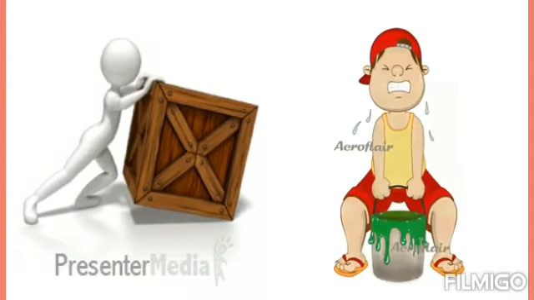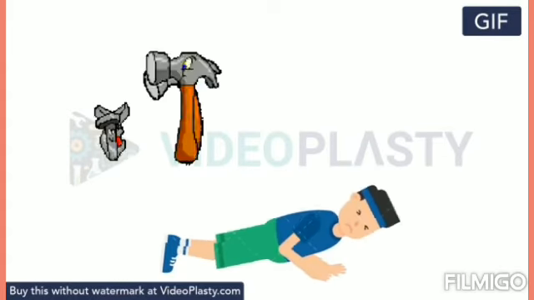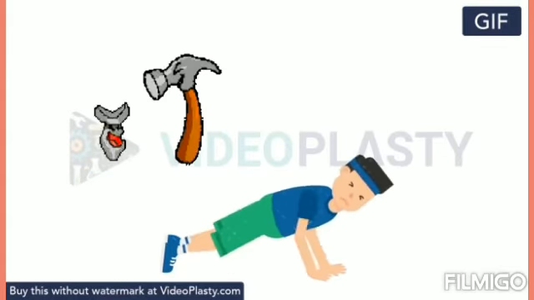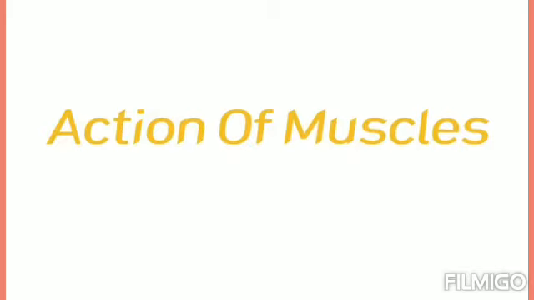But where does this force come from? This force is required to push a box, to lift a bucket, to hit a nail with a hammer, or to do your physical exercise. All of this force comes by the action of muscles.